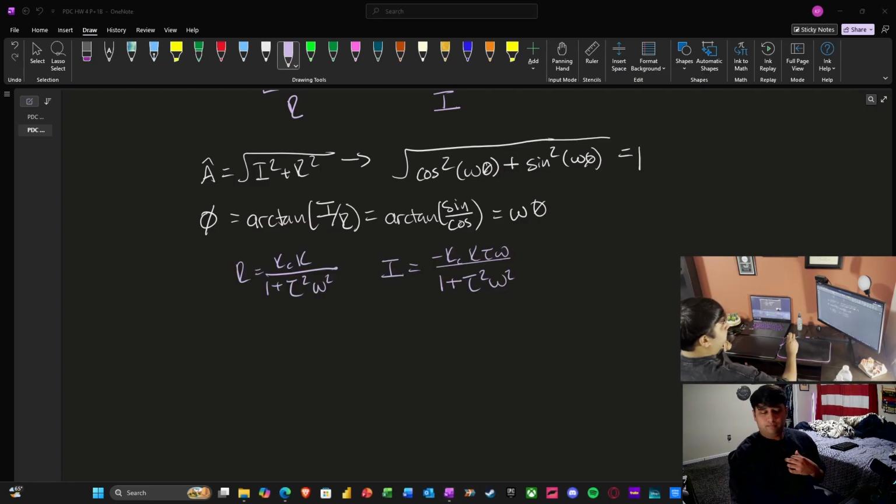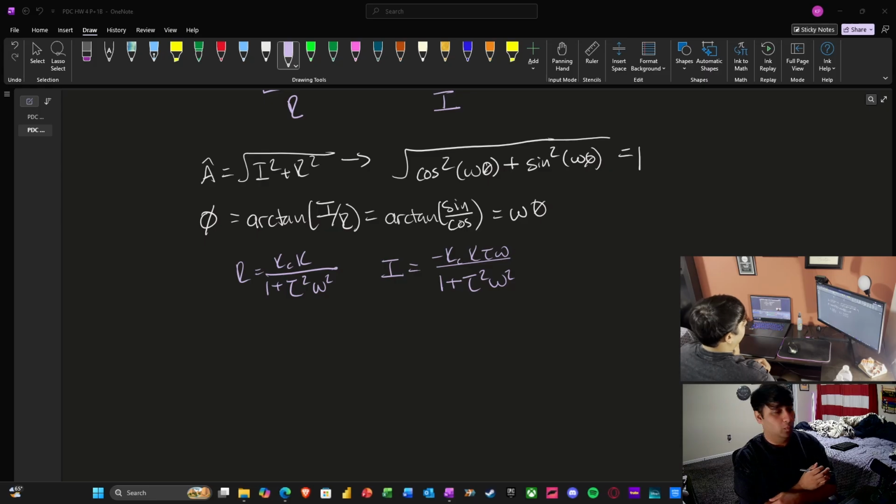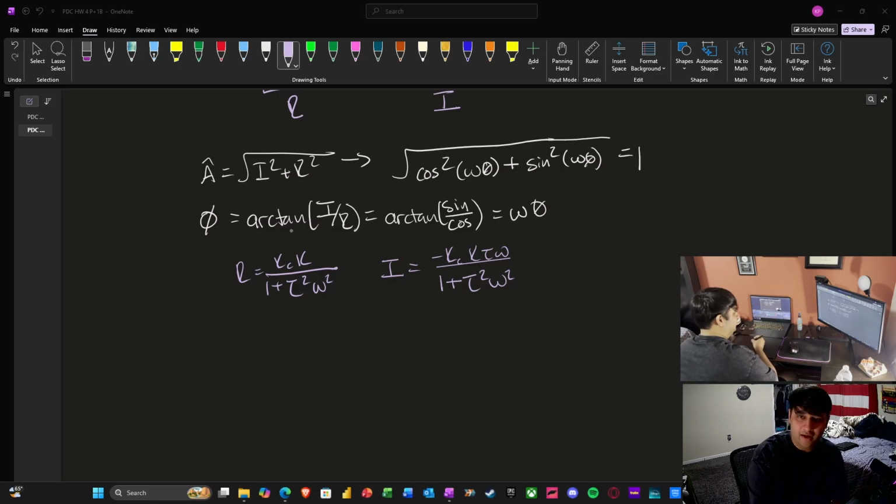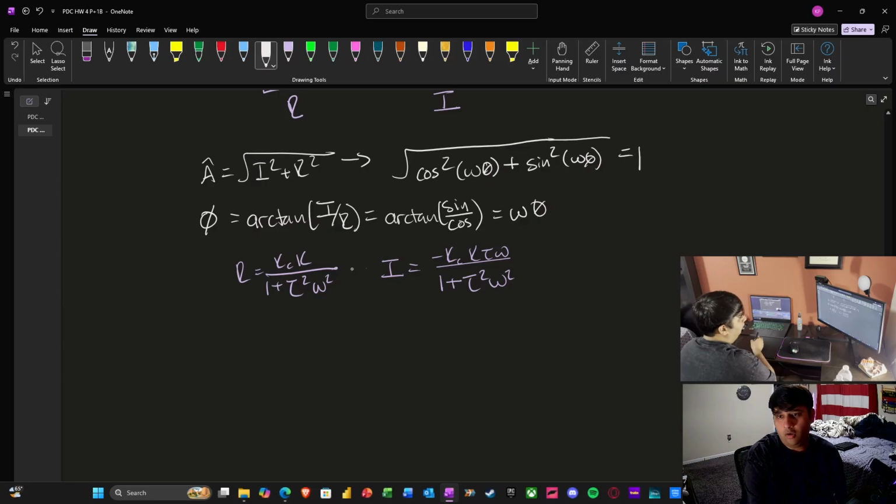Okay, so one thing to add to the A hat, it equals 1. So there's that. And then if we recall, R equals R. We found these beforehand, so I just rewrote them for ease of time. And then what we're gonna do is essentially just plug our R and I values both into our amplitude ratio and phase lag.